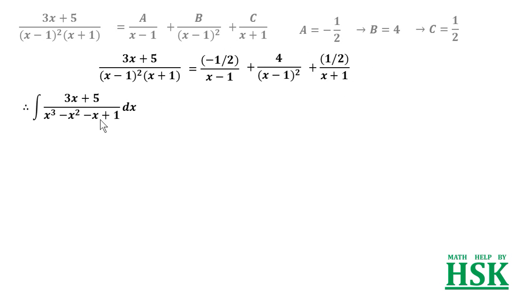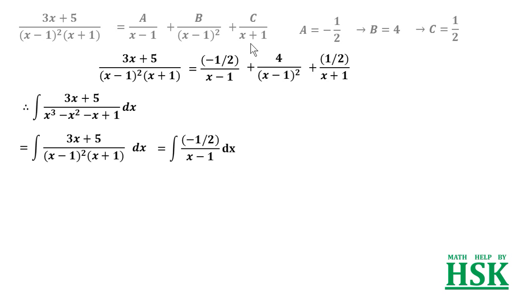So the integration of the original fraction, 3x plus 5 upon x minus 1 whole square into x plus 1, is the same as the integration of these three terms.